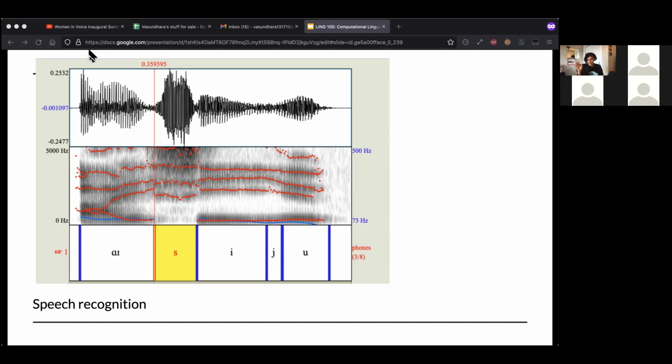is that you can teach a machine to do this. You can build computer models that will look at the audio and learn that a certain bit of audio that sounds like this and looks like this spectrogram corresponds to a particular sound according to the IPA.